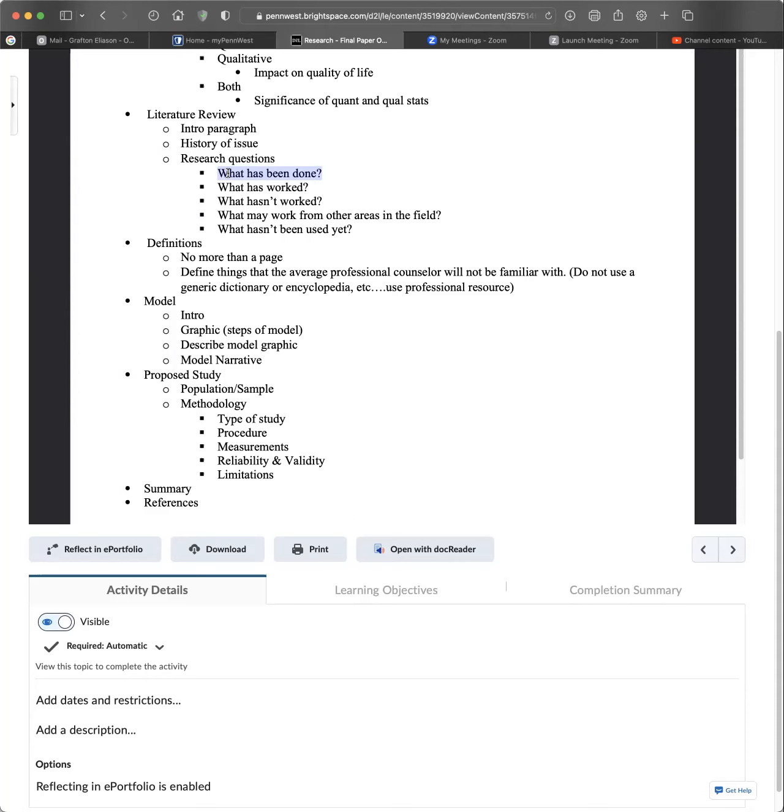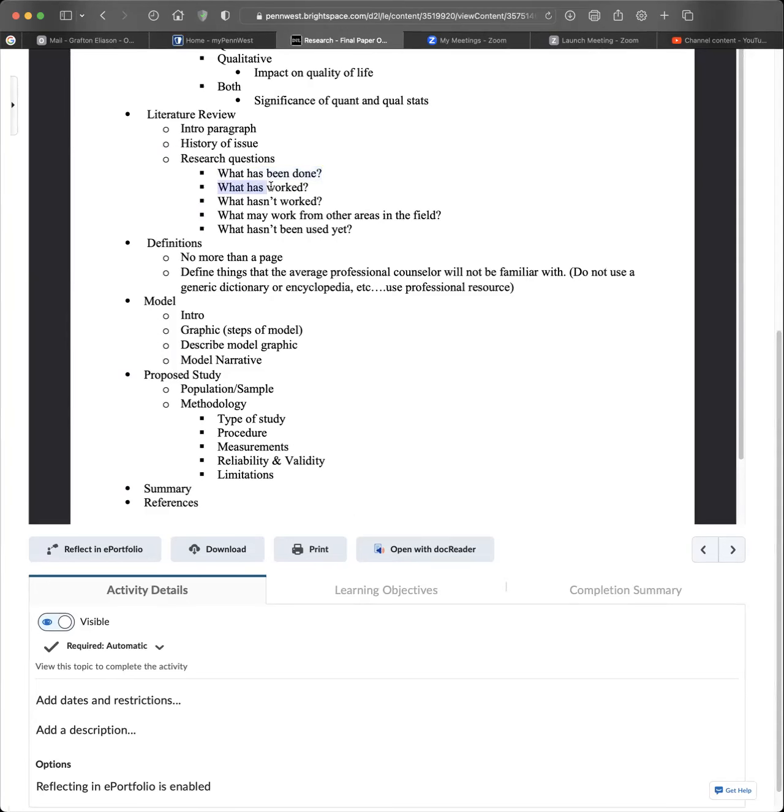Think about what theories you've read about in your journal articles that you like, and what you'd like to include in your comprehensive model, and make sure that in each one of these sections you address those theories that you're going to use. Most of them have probably been tried before.